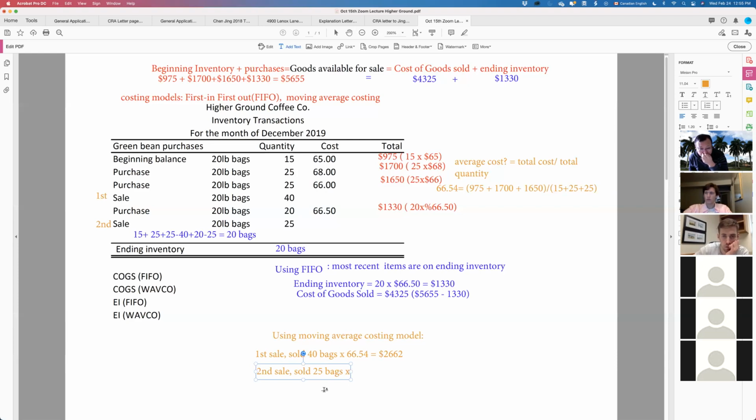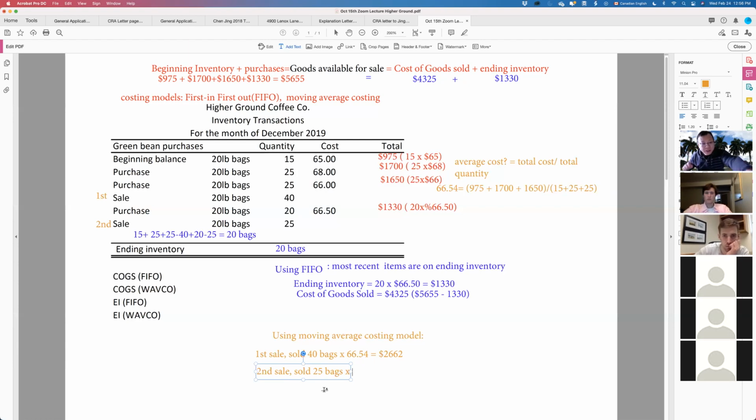Would you have to find a new one? Good job. Yes, you have to find a new one. Why? Because you have a third purchase between the two sales. Whenever you have a purchase at a different price, your average cost will change, because you have a new purchase.